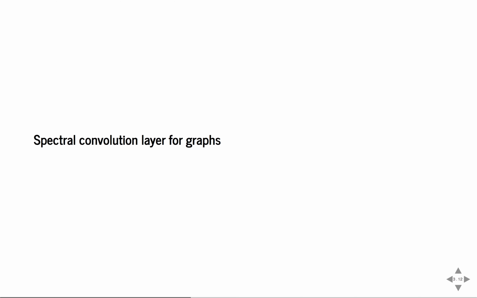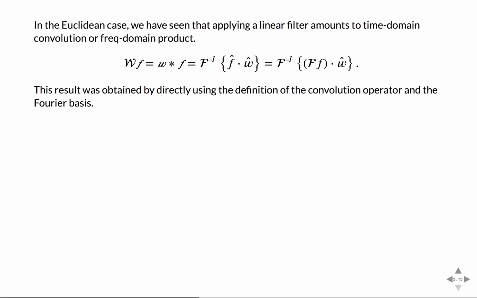Okay, so now that we have that, we can define the first type of convolution layer for graphs. So this is the spectral convolution layer. We'll see another type after that. So again, if you remember the convolution theorem that we started from, we can apply in the Euclidean case.